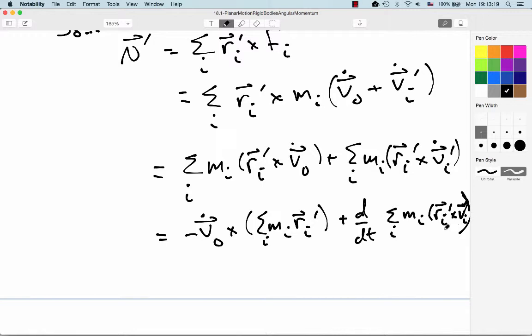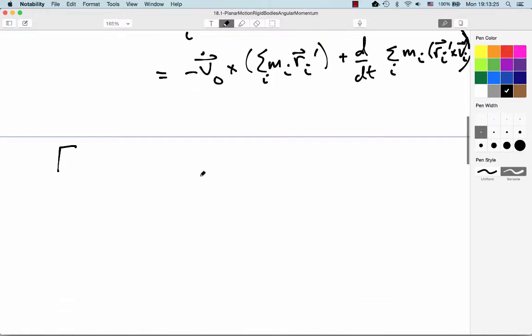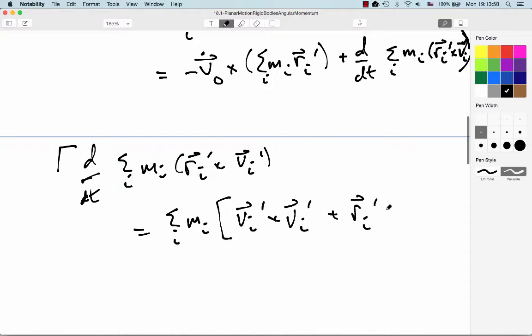Now, why can I say that I can get away with that? So here's a little aside real quick. d/dt of the sum over i of mi Ri prime cross Vi prime will equal, well, we have to do the product rule: the sum over i of mi times Vi prime cross with that Vi prime, plus Ri prime crossed with Vi dot prime.